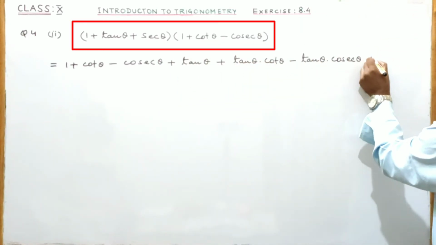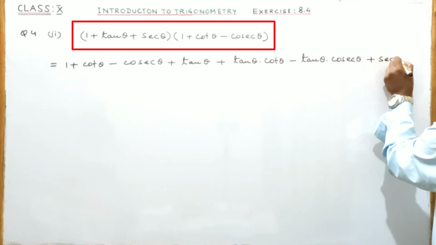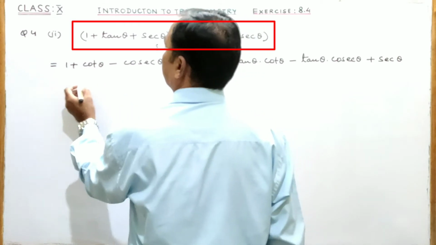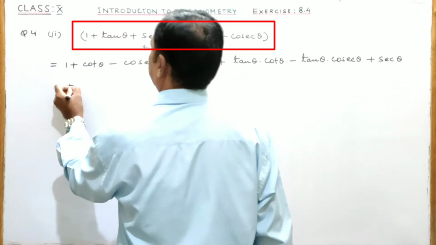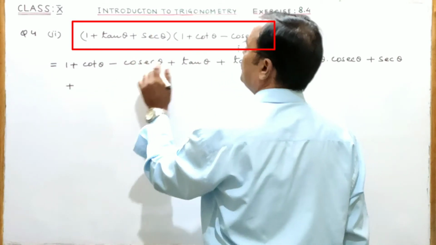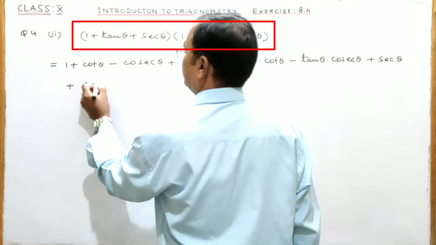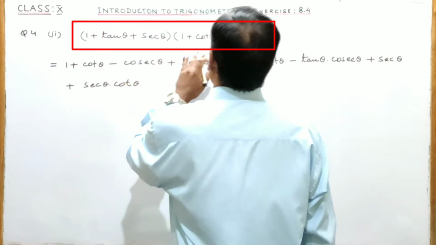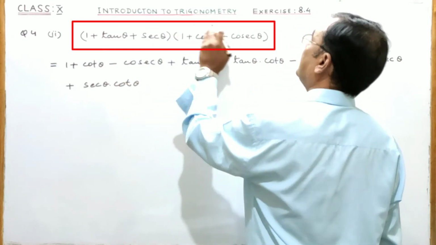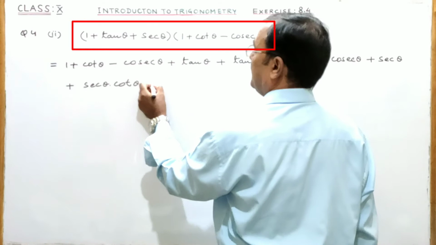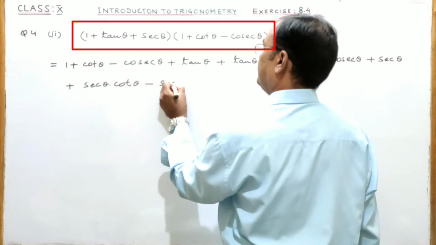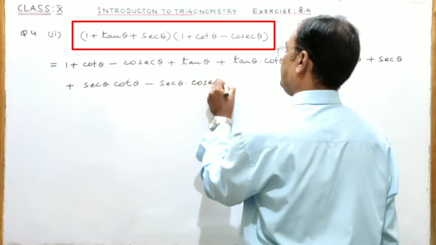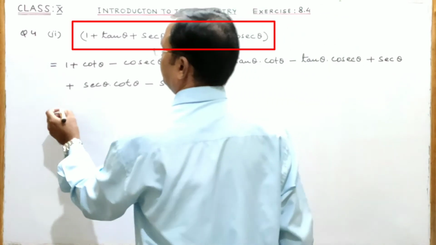So plus sec theta, plus sec theta into cot theta, plus sec theta into minus cosec theta, minus sec theta into cosec theta.